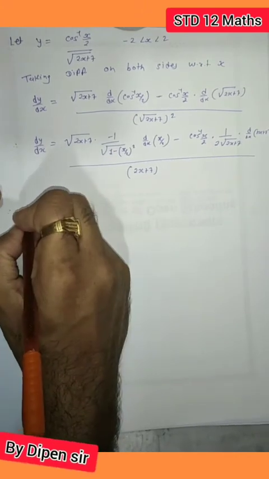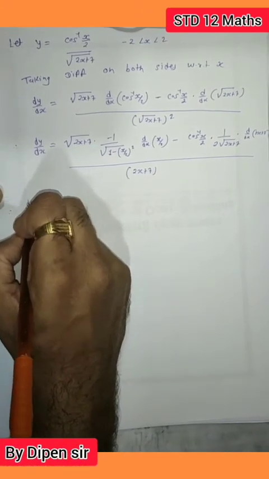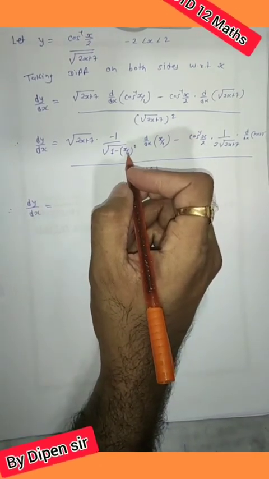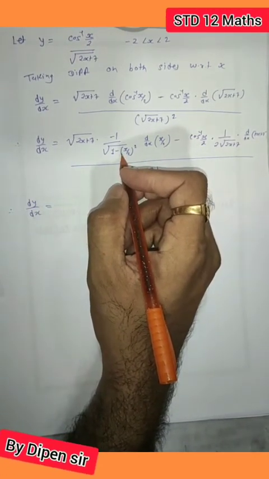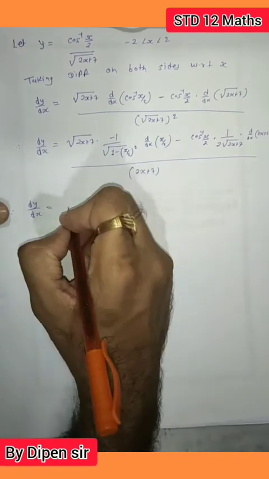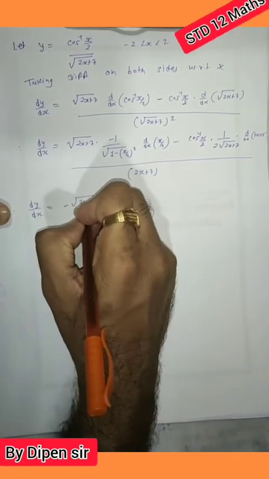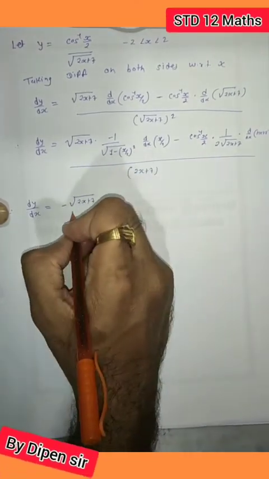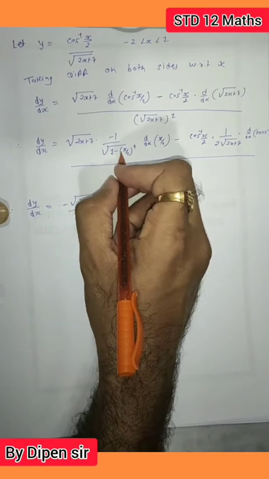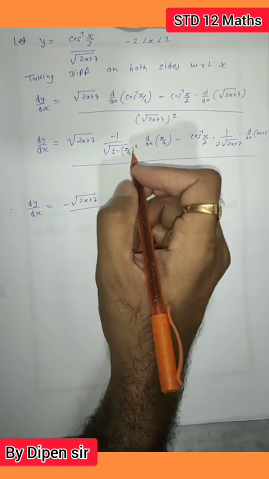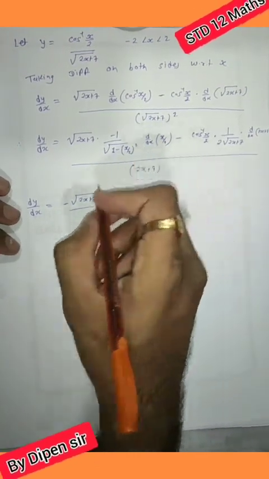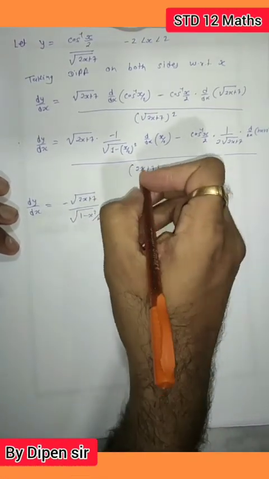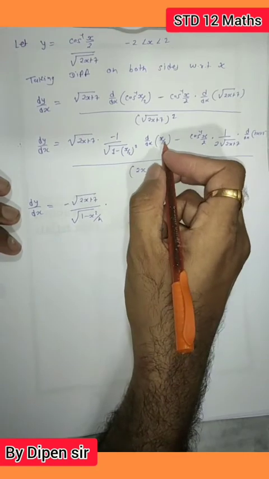Therefore we can write our dy by dx as, now what is the simplification of this? It's minus root 2x plus 7 upon root of 1 minus x square by 4, into the differentiation of x by 2.